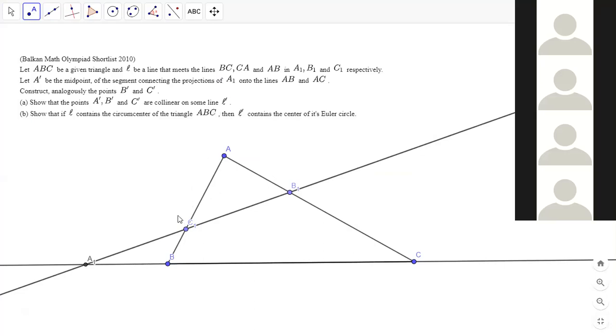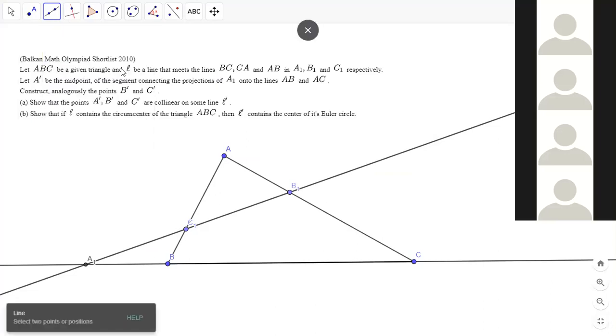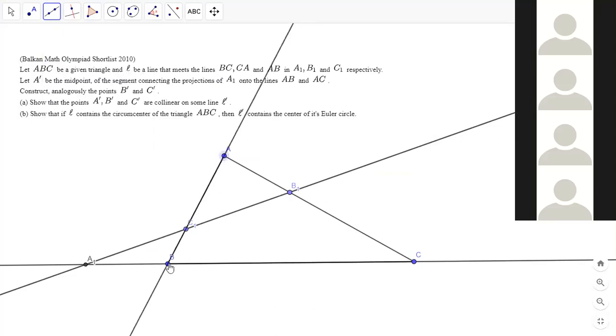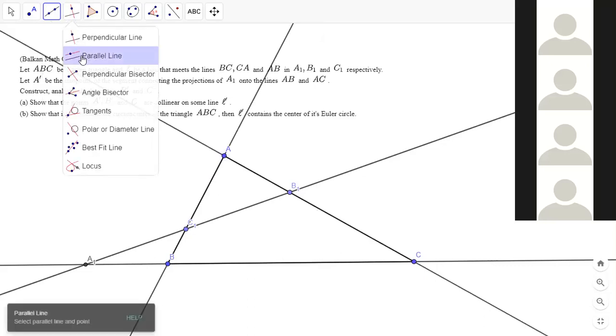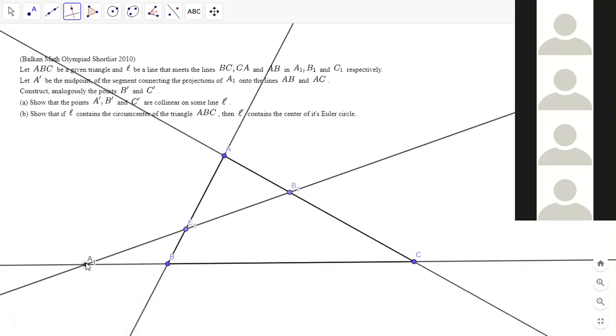Okay. So this is a little bit tricky. You really have to draw all the... Okay, so basically you draw the perpendiculars from A1 to those two, and then the midpoint of it.